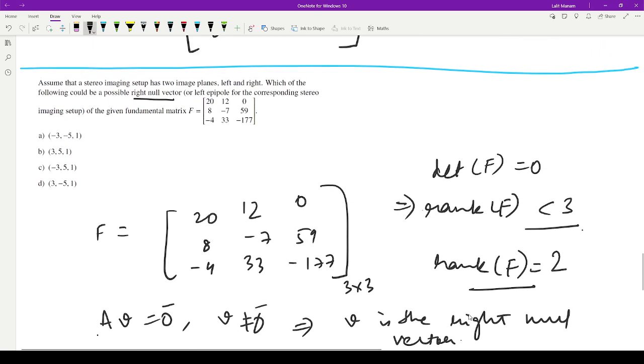Which of these could possibly be the epipole? Just take one row of it. It's pretty easy. You just need to multiply 20 into 3 and 12 into 5. 20 into 3 is 60. 12 into 5 is also 60. Which means they need to be of opposite sign, so it will be C or D. Now since you have 1 out there, you have to compensate.